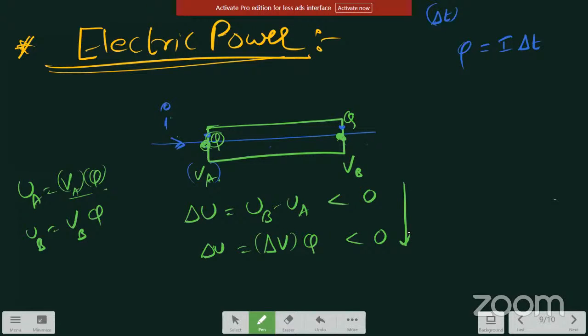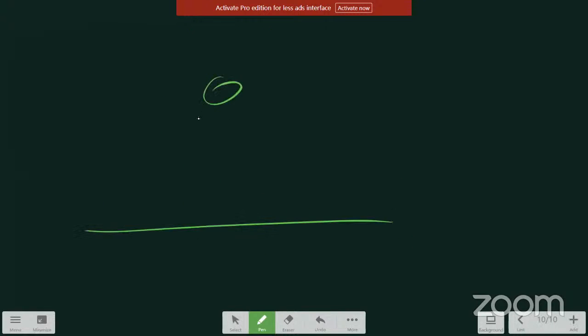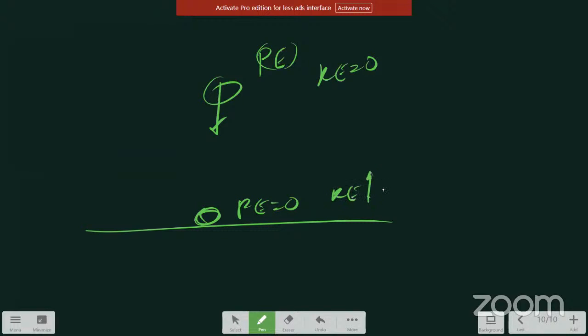Then in general we know that the kinetic energy of this charge should rise. When we drop a freely falling body, initially it has good potential energy and zero kinetic energy. But once it reaches the ground, its potential energy is zero and kinetic energy is higher. Loss in potential energy is gain in kinetic energy.